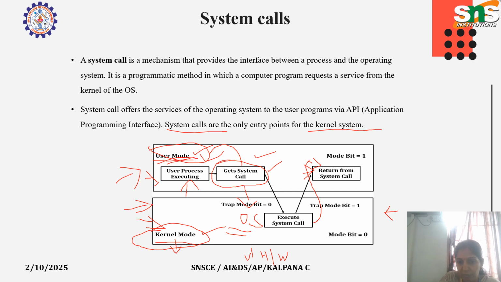In your kernel mode only, you are going to execute your system call. Once the system call is processed and executed, the control will be transferred to the user program. So, return from system call. This is the process of a system call execution.